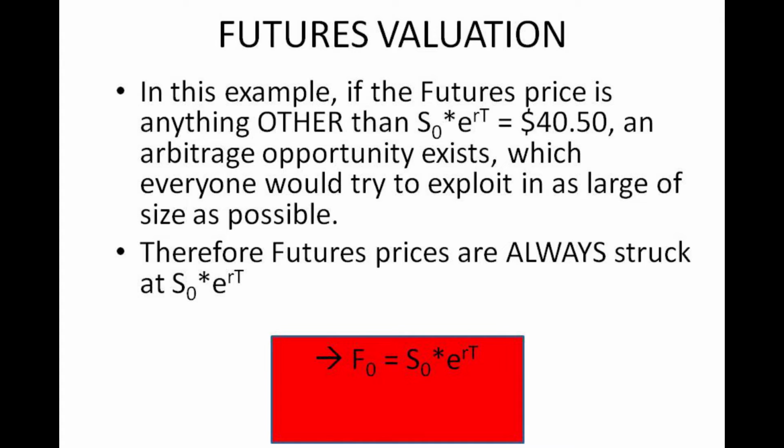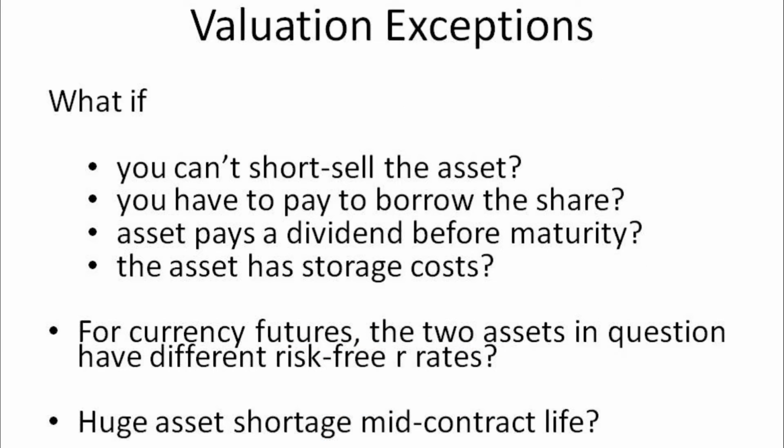Now, the next slide we're looking at is valuation exceptions, because that works very well for a very simple underlying. But what happens if we can't short sell the asset, for example? What happens if you have to pay money to borrow the share, which is a real life expectation? What happens if the underlying asset pays a dividend before maturity, if there's a cash flow associated with the underlying asset?